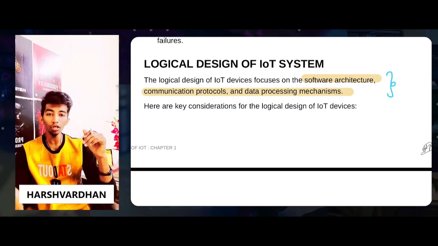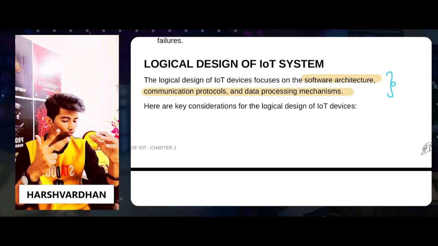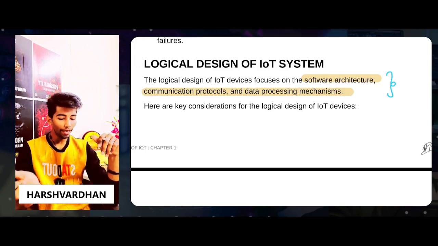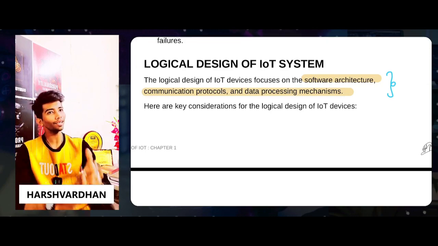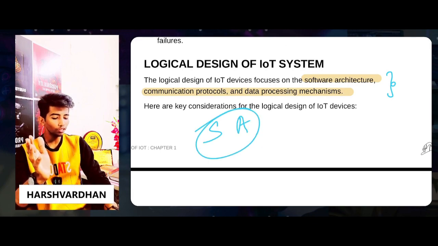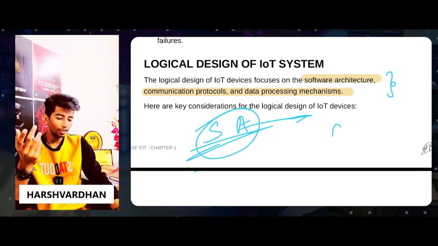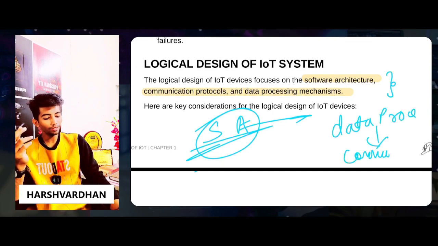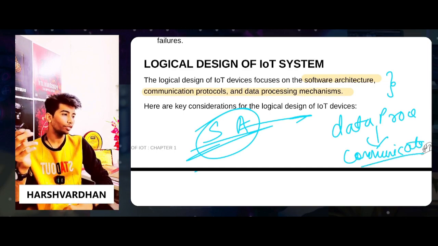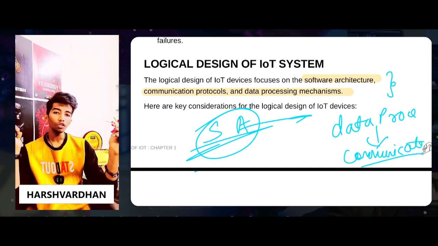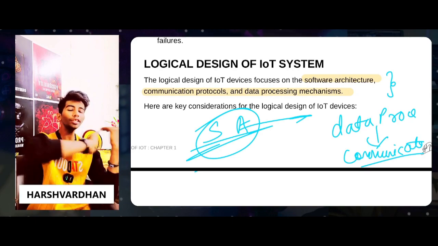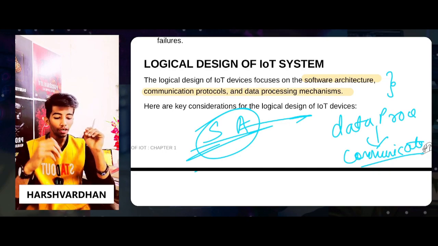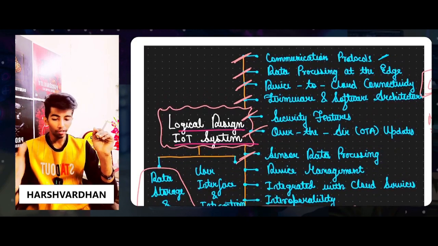You can think of it as a short hack: the software architecture is necessary for actually processing data, and then you will communicate it, and for that communication you will require communication protocols. So this is the logical design of a system.